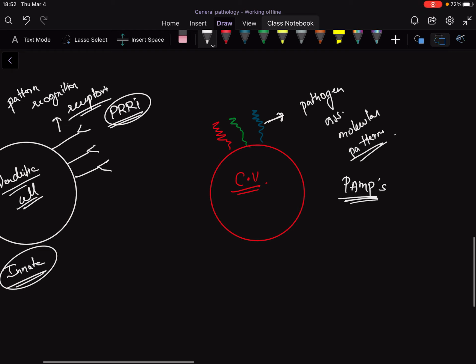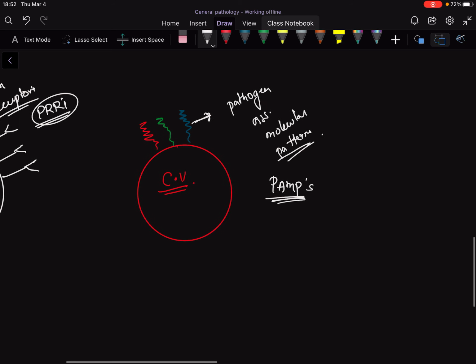Okay, and these PAMPs are not exclusive to coronavirus, they are also found in certain viruses like influenza virus. Influenza virus also has these types of patterns present on it, like red, green and blue, and these are helpful in causing infection.